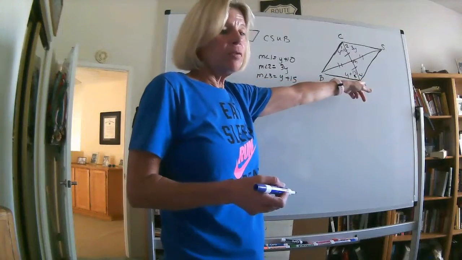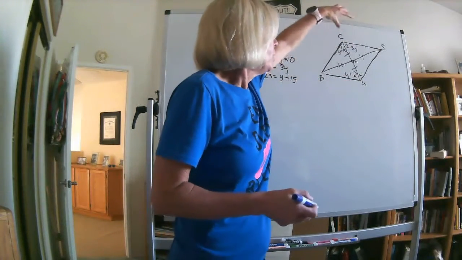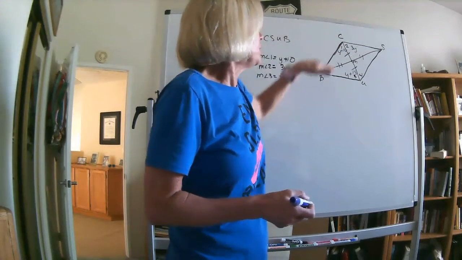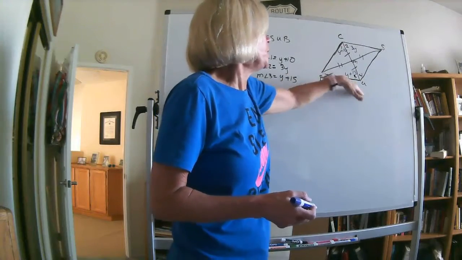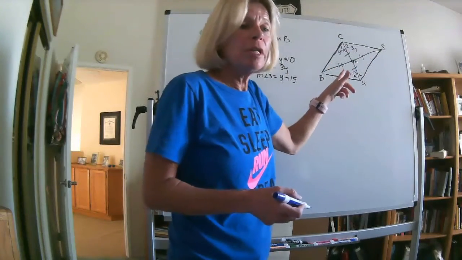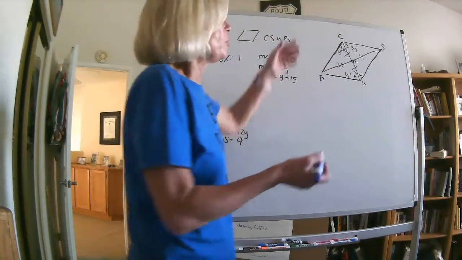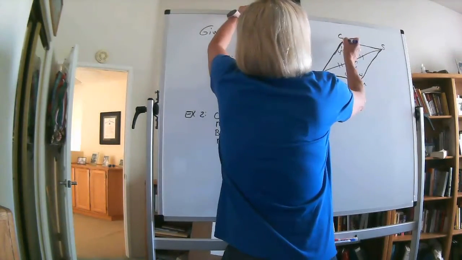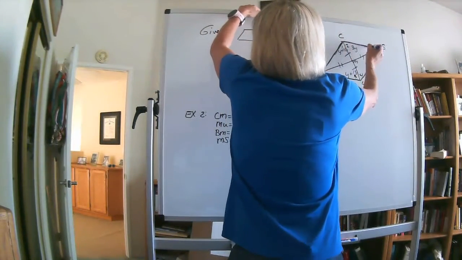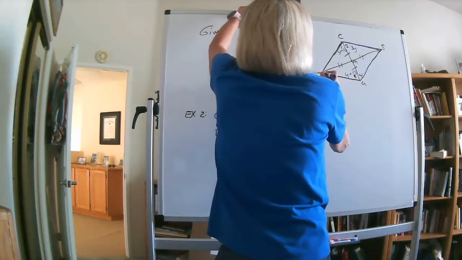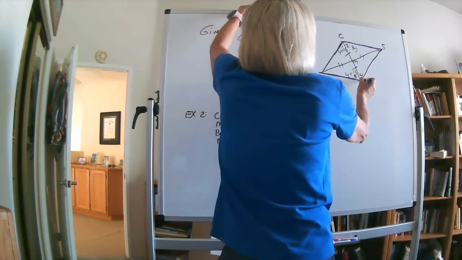I don't have angle 4, so I can't set the whole angle SCB congruent to angle BUS. I don't know any actual measures of angles, but I do know my properties of parallel lines. So CS is congruent to BU.